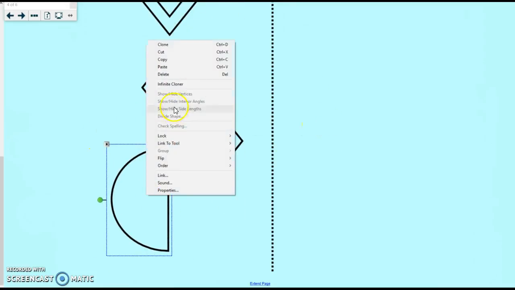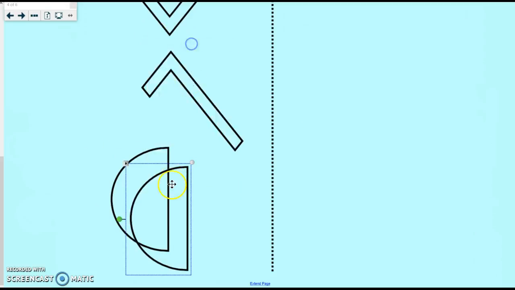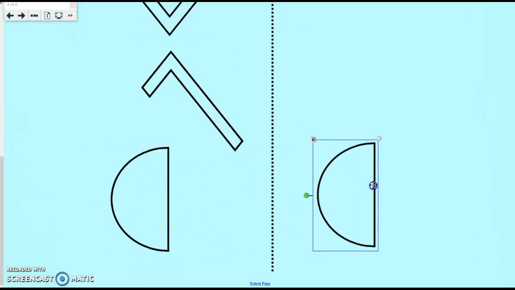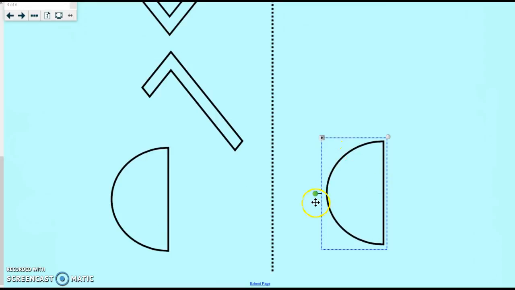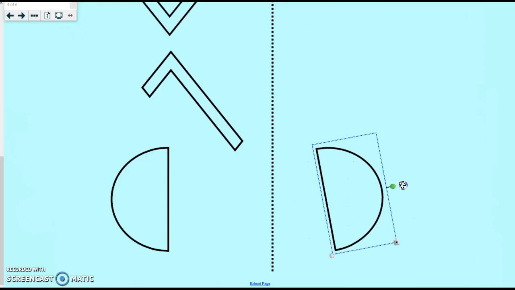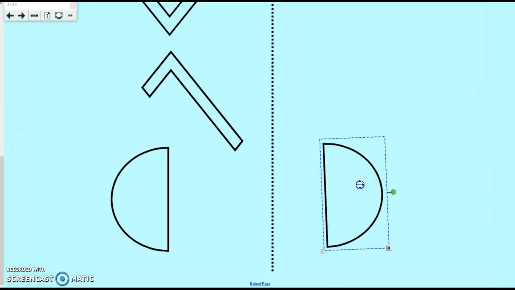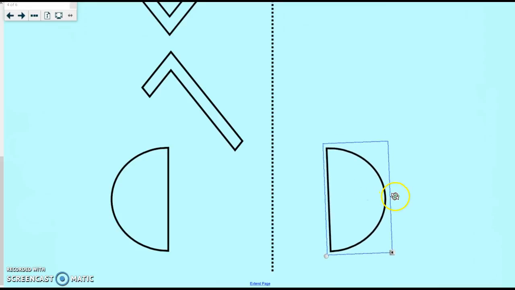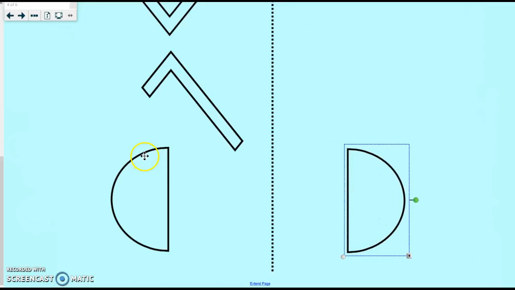And just show it one more time. Flipping this figure based off of this axis again is the same thing as making a 180 degree rotation.